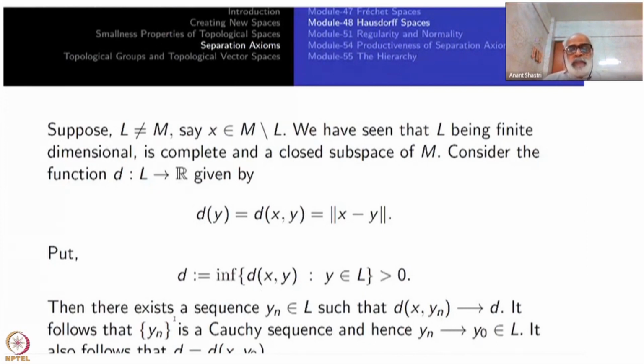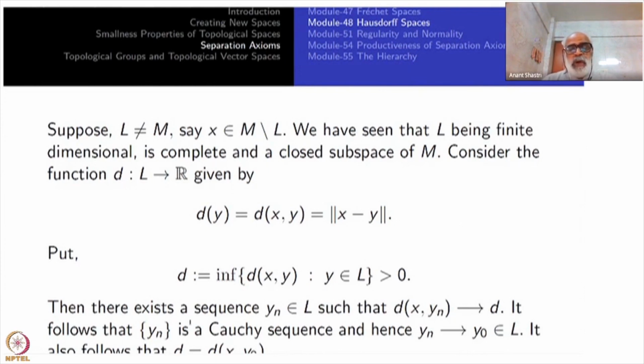Then there exists a sequence yn inside L such that the distance between x and yn converges to d. What is d? d is the infimum. By the definition of infimum, you must have points converging to it. Those are nothing but d of x, yn, which are real numbers, and d of x, yn converges to d.